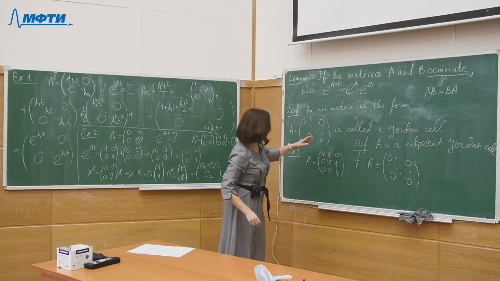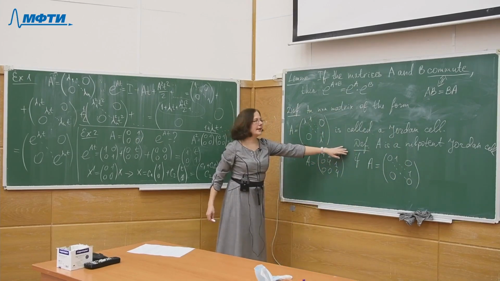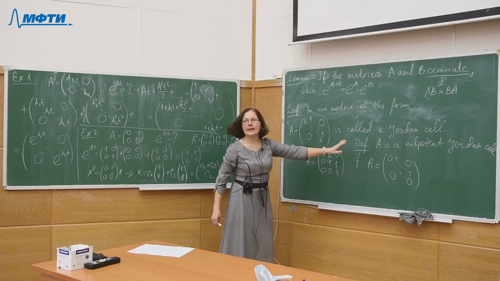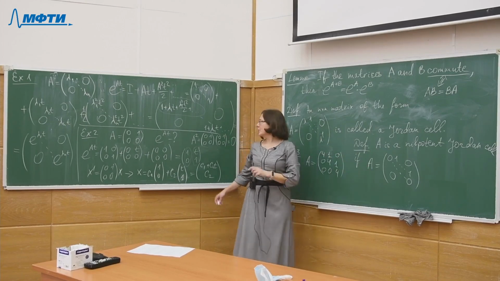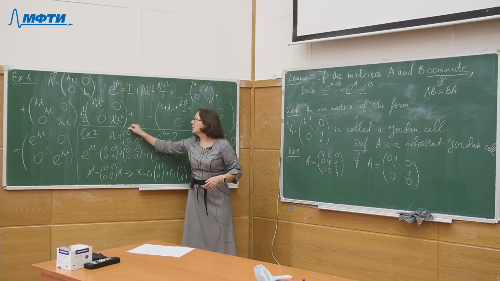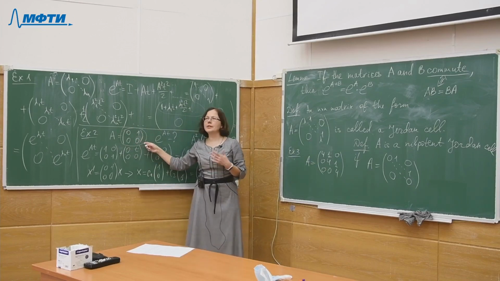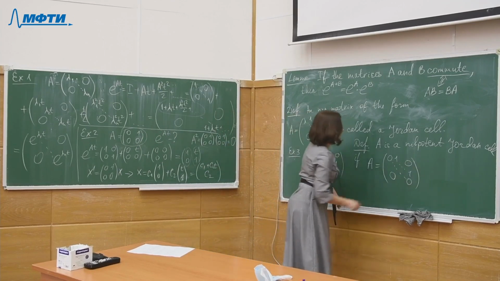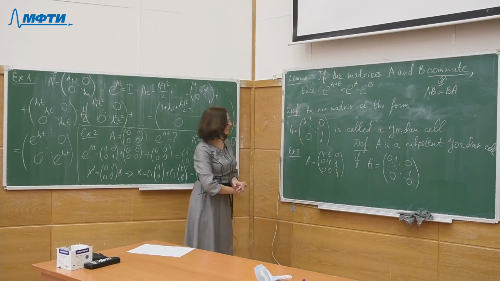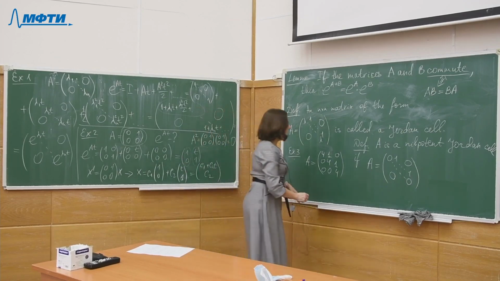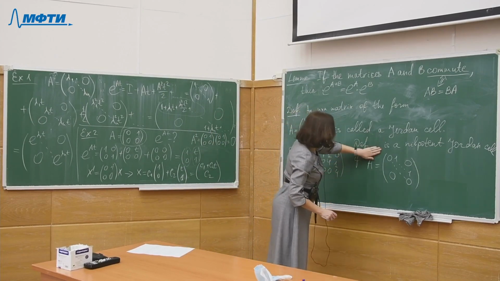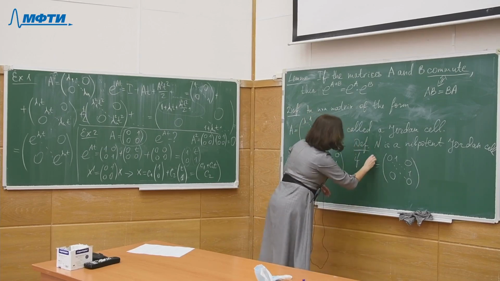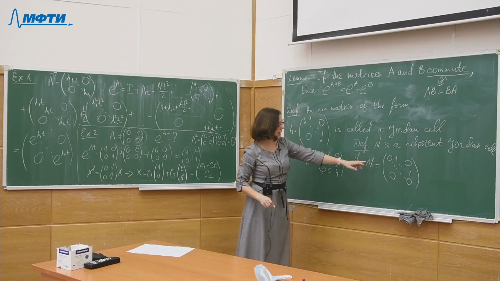So a nilpotent Jordan cell is a particular case of a Jordan cell, but in this particular case, lambda is equal to 0. So for example, this matrix is nilpotent. This is an example of a nilpotent Jordan cell. Okay, I will change the notation. I will denote a nilpotent Jordan cell by a capital N.